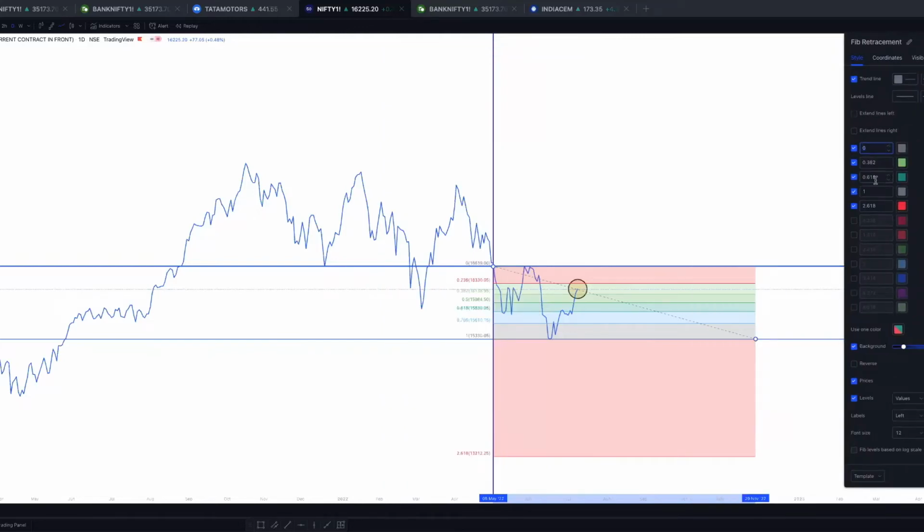In this particular indicator, the most commonly used levels are 0.786, 0.618, 0.382, and 0.5. 0.5 is actually not part of Fib, but it is used because it is a midpoint, so it has its own significance. Yes, it is not a Fib value, but it has its own relevance because it is a midpoint.